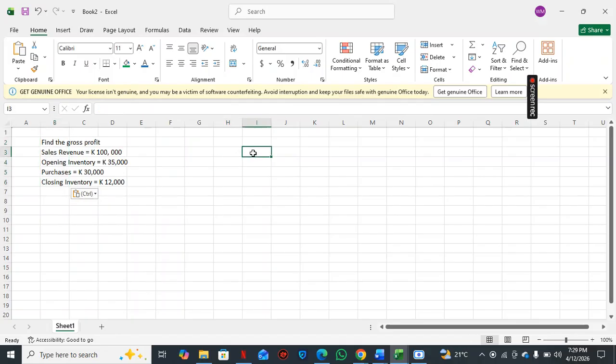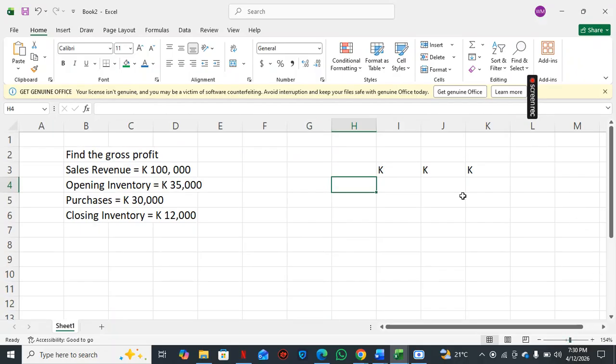So the trading account has got three columns. This last column is where you do calculations with the totals. The middle column is where you're also going to be doing your calculations. Most of the calculations will be in the middle column.